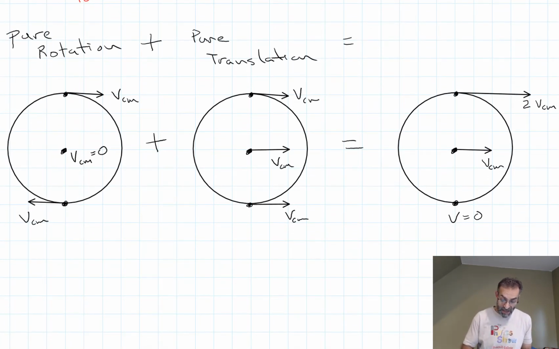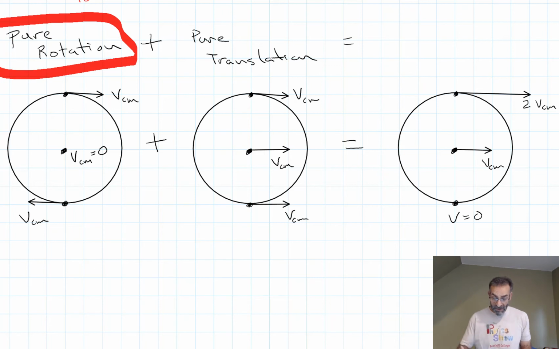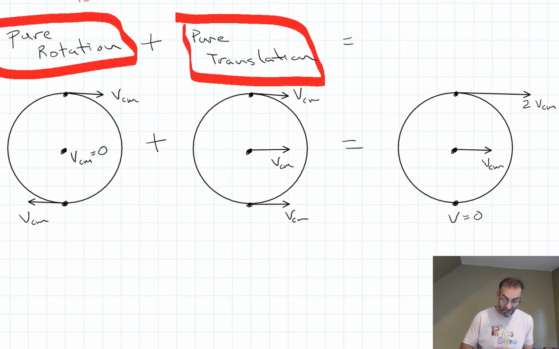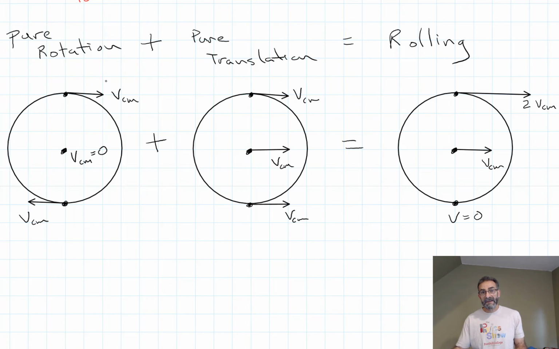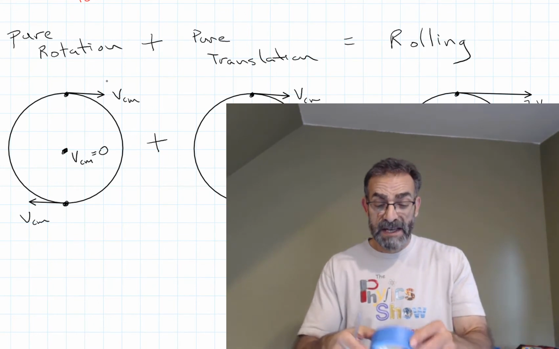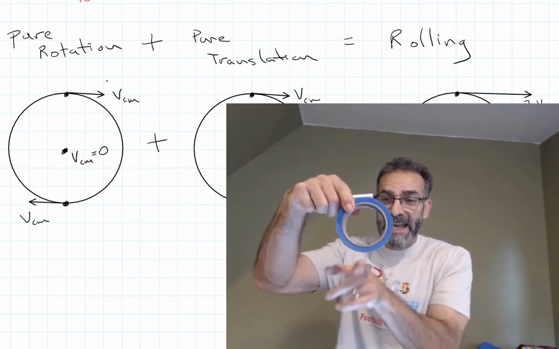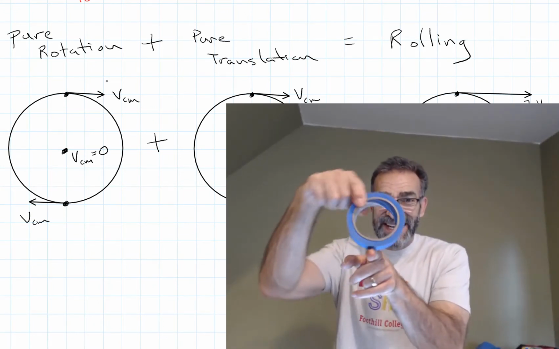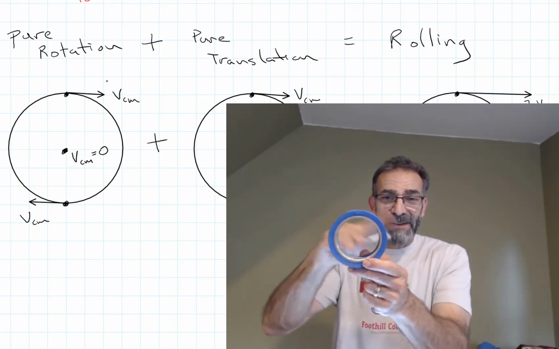So when we combine pure rotation with pure translation, we get rolling. So we can take this complicated motion, this rolling motion that's fairly complicated. We've got an object rotating about an axis of rotation here that touches the ground, fairly complicated motion.